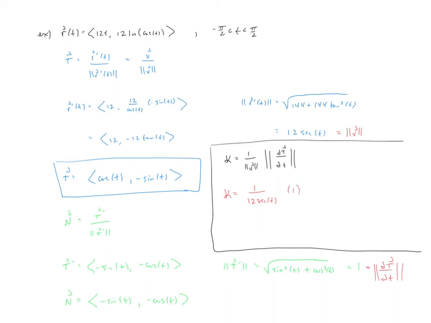So times 1, and our kappa is nothing more than 1 over 12 cosine t. And much like the derivative back from Calc 1, this is kind of like a curvature predictor. If you want to find the curvature at any given time on the curve, you would plug that in, and then it would spit out the constant, which was, again, the curvature.